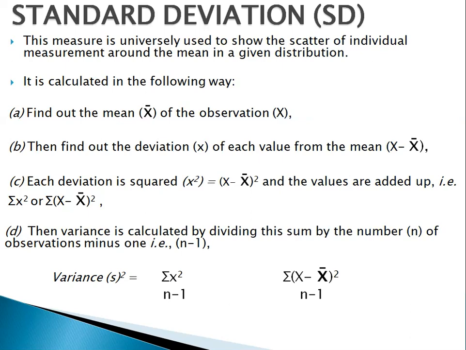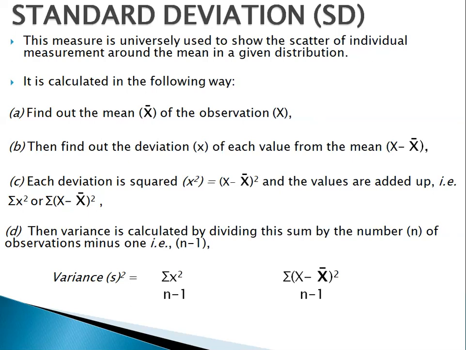What is the first? You have to find the mean of the observations x. Whatever the data set, we add all the observations and divide by the number of observations, and the answer is called the mean.